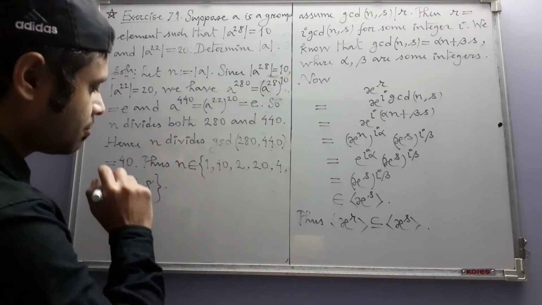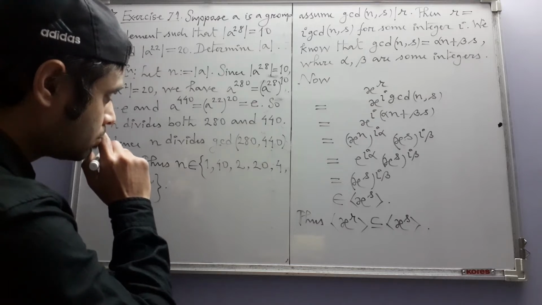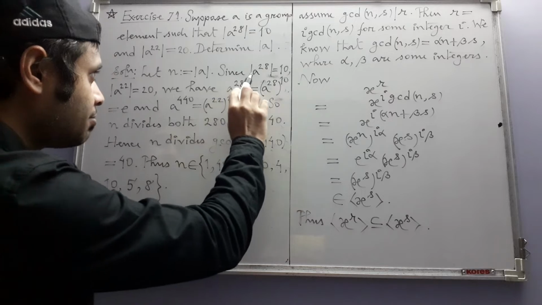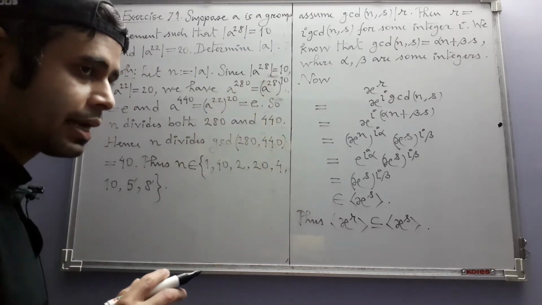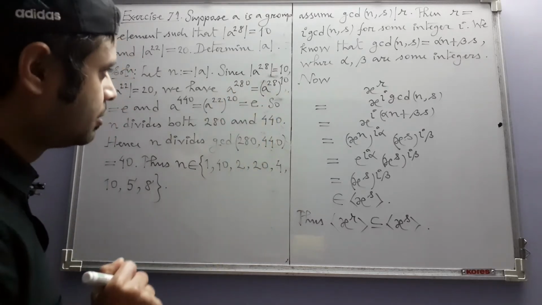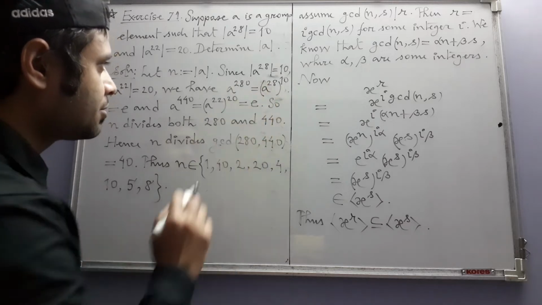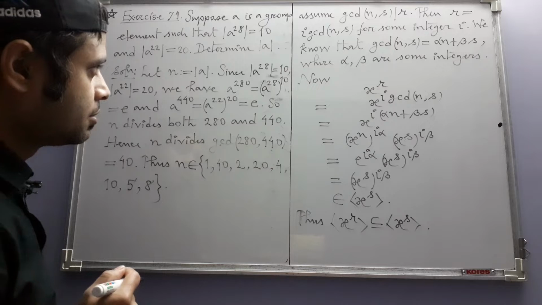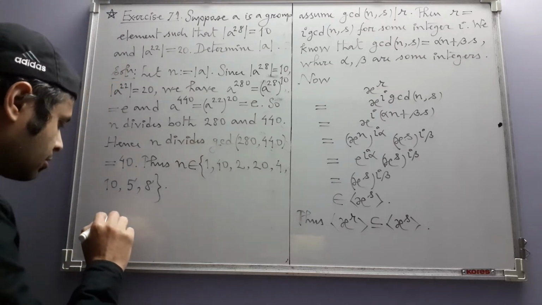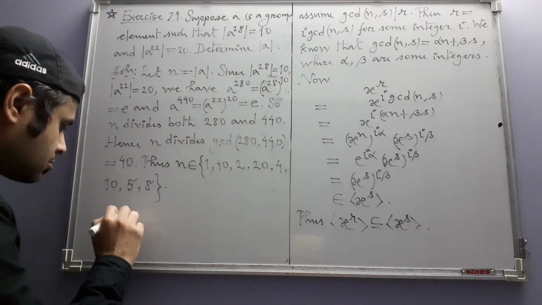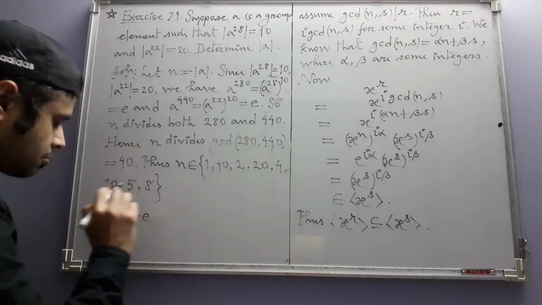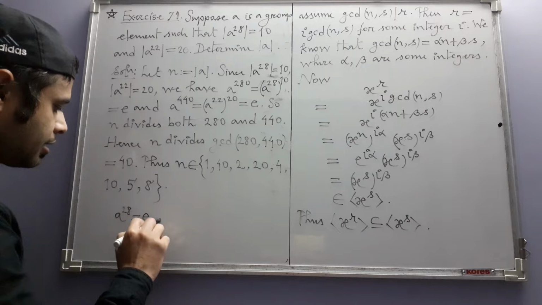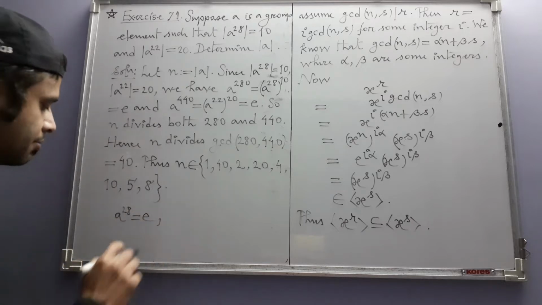First of all, because a to the power 28 has order 10, a to the power 28 itself cannot be the identity element. Now this condition arises from several possibilities.